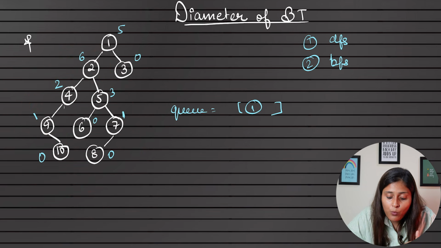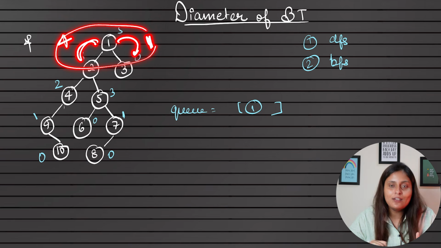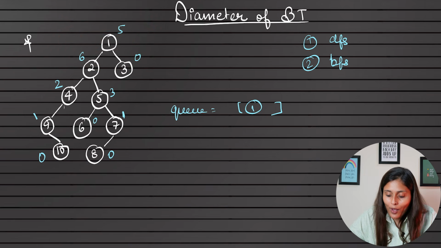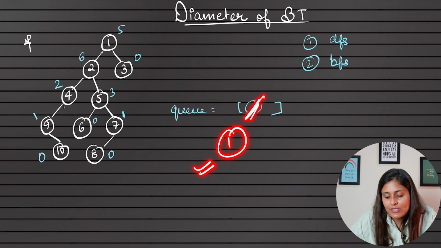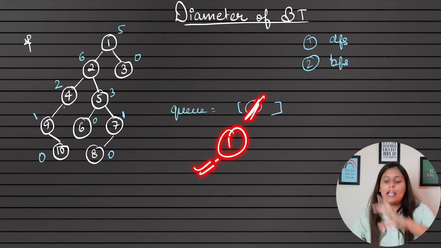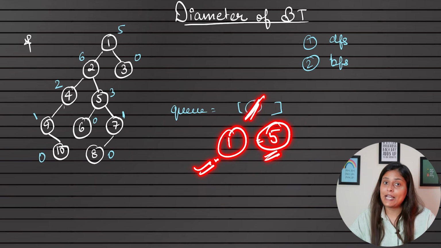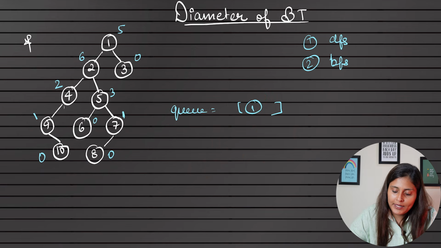So from 1's left it is 4, from 1's right it is 1. So in total 5. So wherever we have popped, like we have popped the first node, we make a function call to count the left level and right level, and whatever we got we will return, correct? And we will update our diameter with 5.